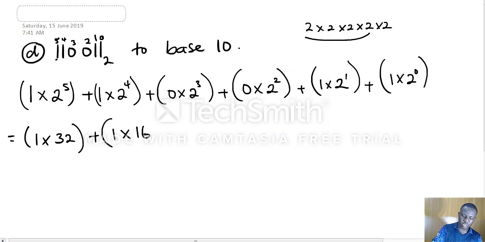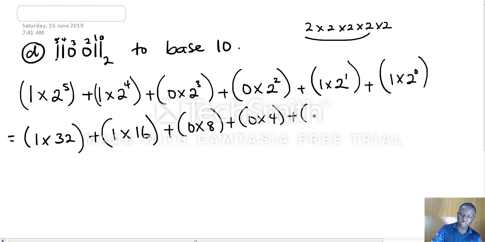So 2 raised to the power 4 is 16 plus 0 times 2 raised to the power 3, 2 raised to the power 3 is 8, plus 0 times 2 raised to the power 2 is 4, plus 1 times 2 raised to the power 1 is 2 plus 1 times 2 raised to the power 0 we said is 1.